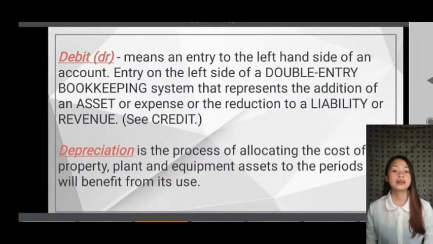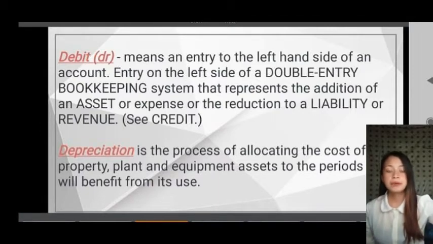So, for example, you purchase a new computer. So, you would debit the purchase of a new computer by entering the asset gain on the left side of your asset account.